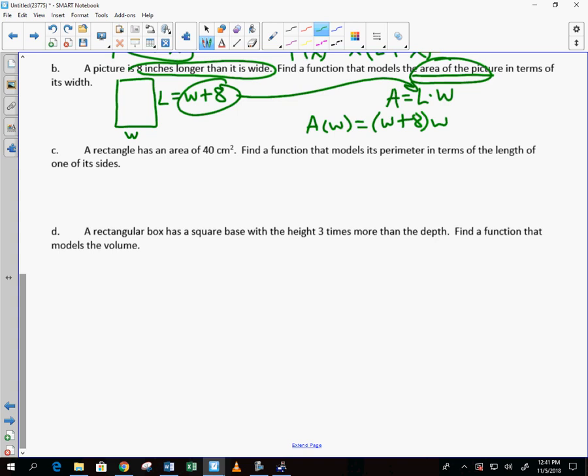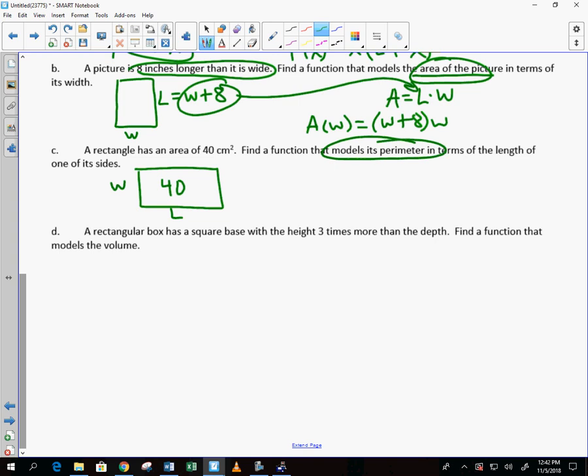Now we're going to switch it. We're going to give you the area. A rectangle has an area of 40. So that means width times length is equal to 40. But we want to find a function that models its perimeter. So that's the equation we want.